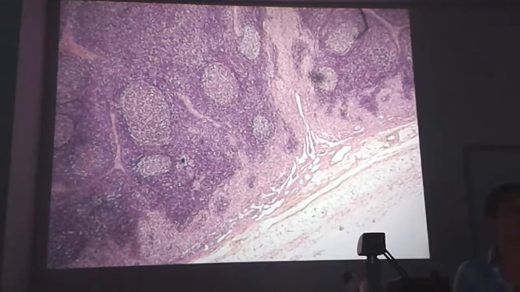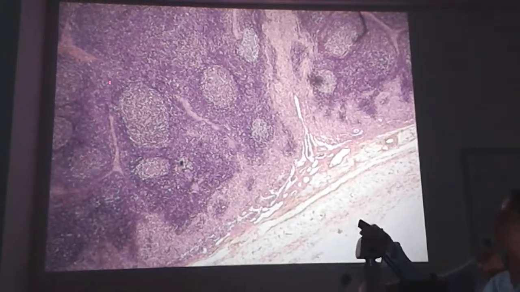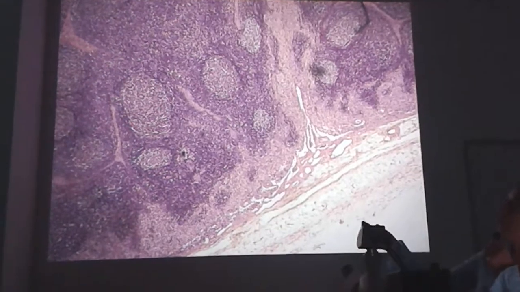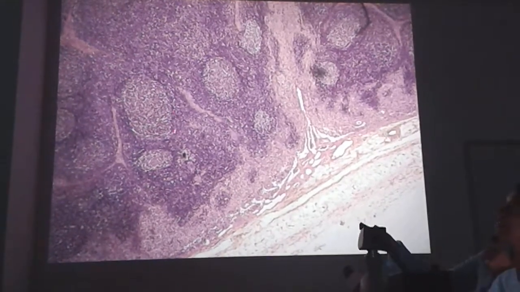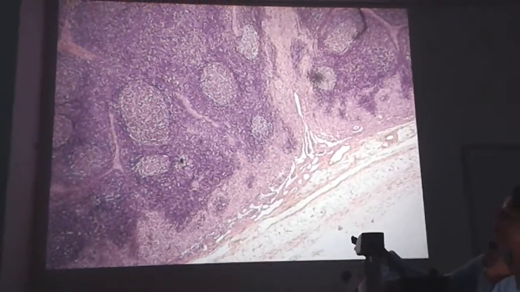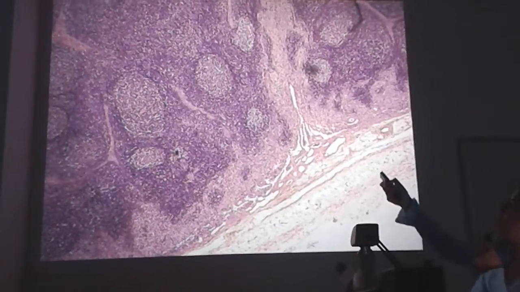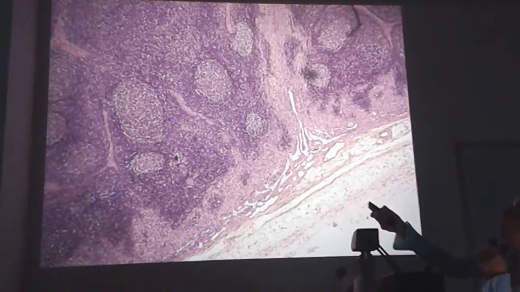B lymphocytes are generally localized in the germinal center. These lightly stained areas, those ones, are all germinal center.